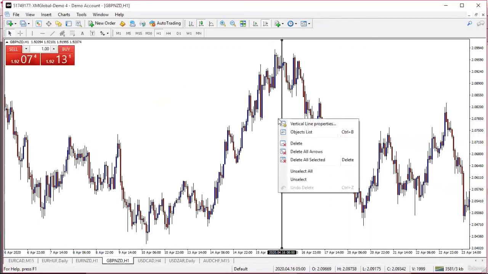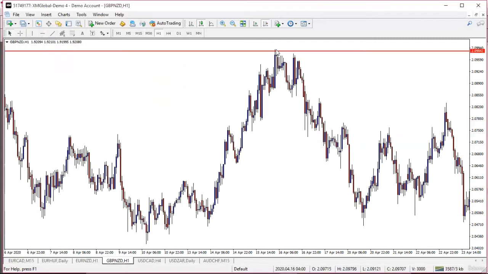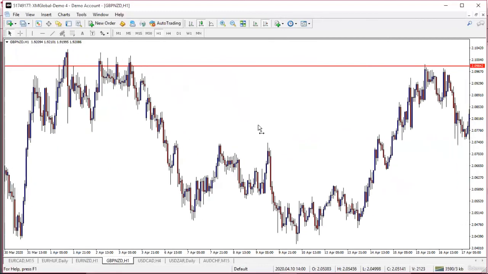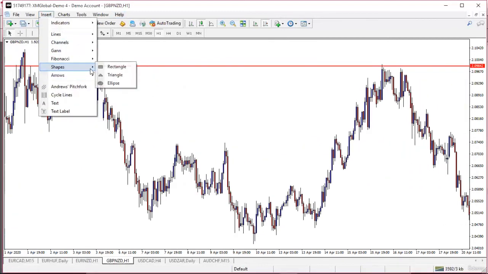Look on H1. Formed. That's top one. This is your neckline. This is top two. Just check if this is not. Yes, it is. Reacting to previous resistance side.